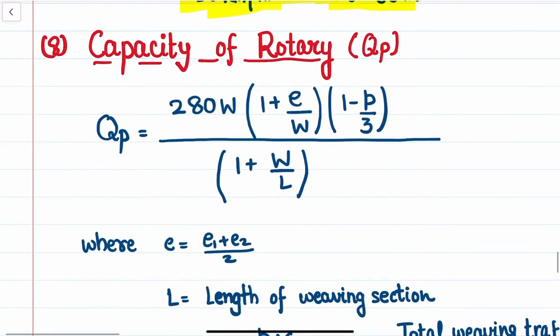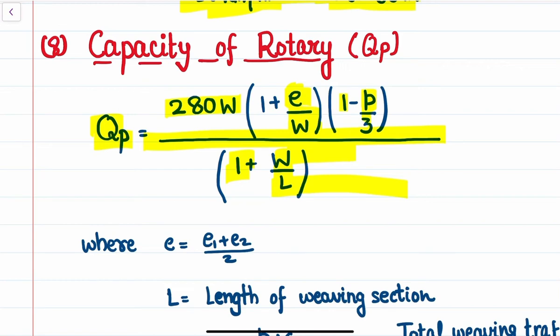Now, the capacity of rotary is found using the formula Qp equals 280W(1 plus E by W)(1 minus P by 3) divided by (1 plus W by L). W is the width of the weaving section, L is the length of the weaving section, and E is the average of entry and exit width, E equals (E1 plus E2) by 2.